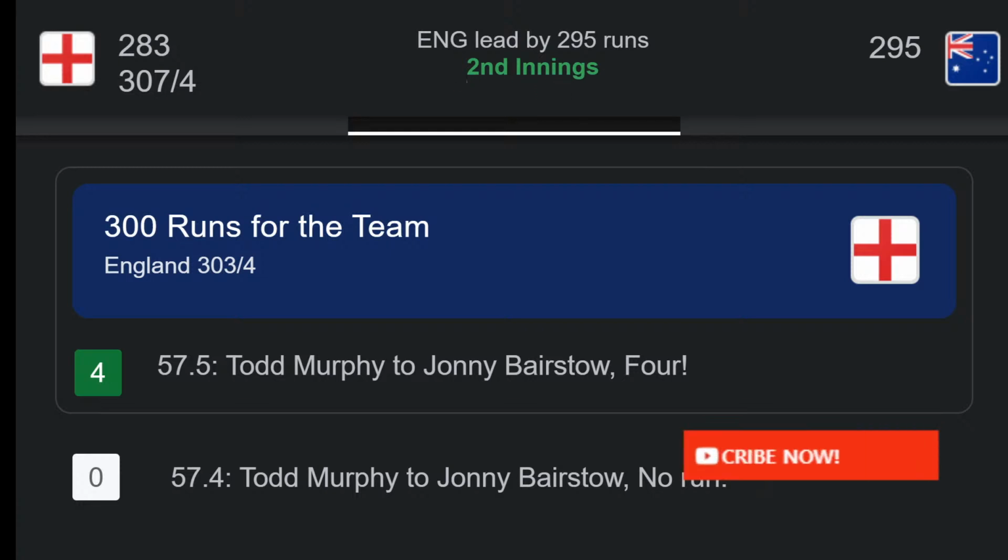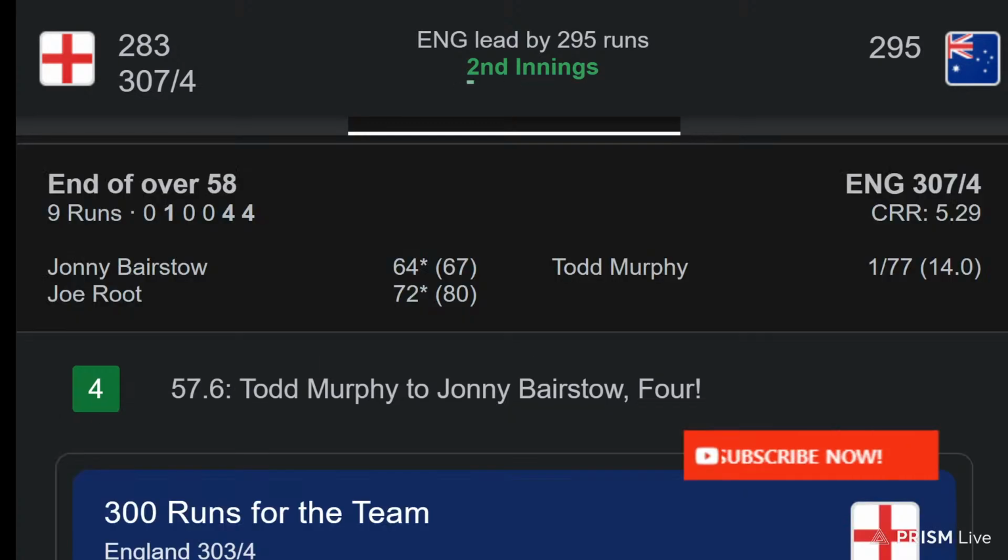Now 307 for the loss of 4 wickets. Another boundary. So two consecutive boundaries in the last two balls of the over by Johnny Bairstow.